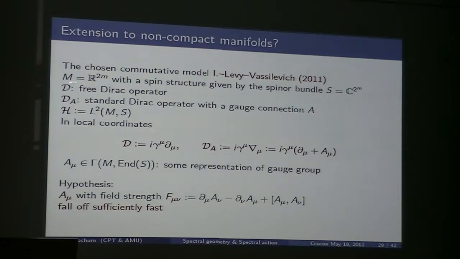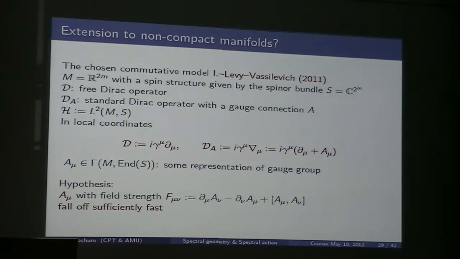So our manifold is just a hyperplane, even dimension, with a trivial spin structure given by this spinor bundle. We use D as a free Dirac operator, and D_A the standard Dirac operator with a gauge connection. And H is, as usual, the square integrable spinors.